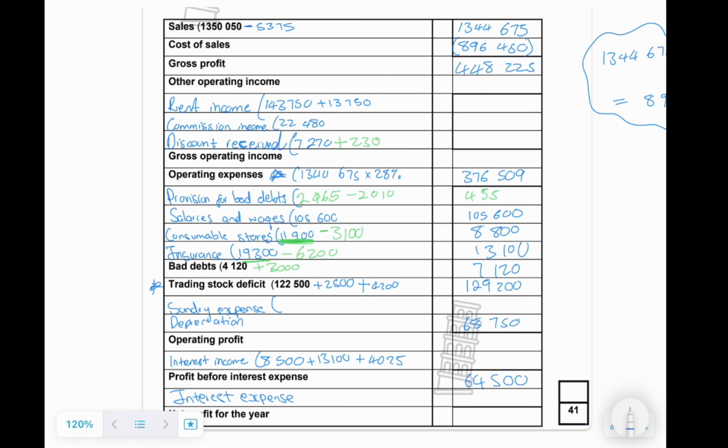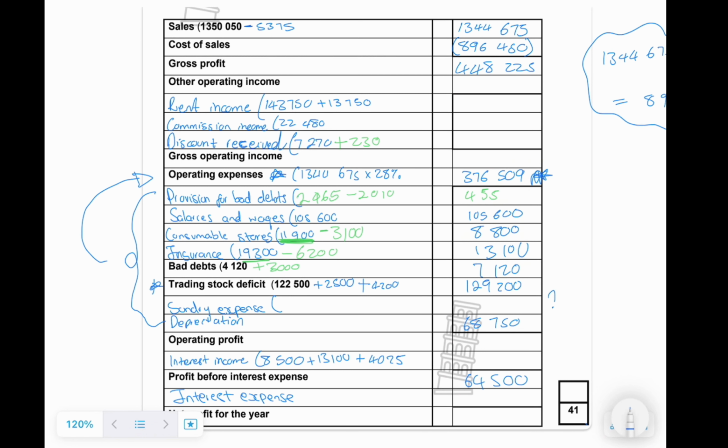So now we have our operating expenses, which has been given to us through the 28% of sales. We calculated that. So now what you know is that all these are expenses, or they are operating expenses, right? Meaning when you add the operating expenses, you need to get this amount. So now this amount, we do have it. So to get this missing amount of sundry expenses, what do you have to do?